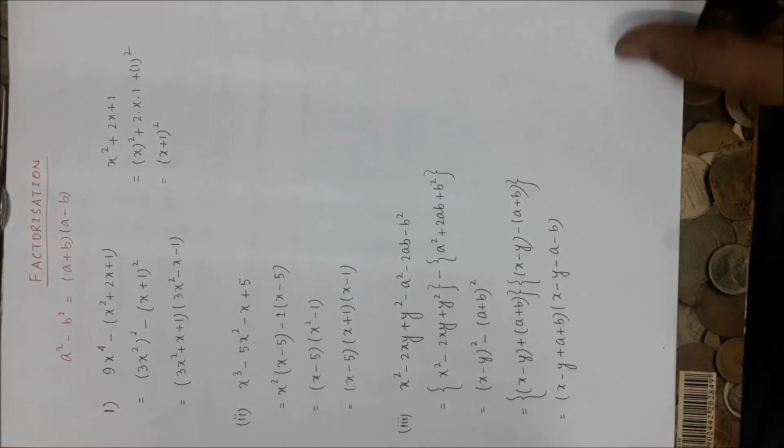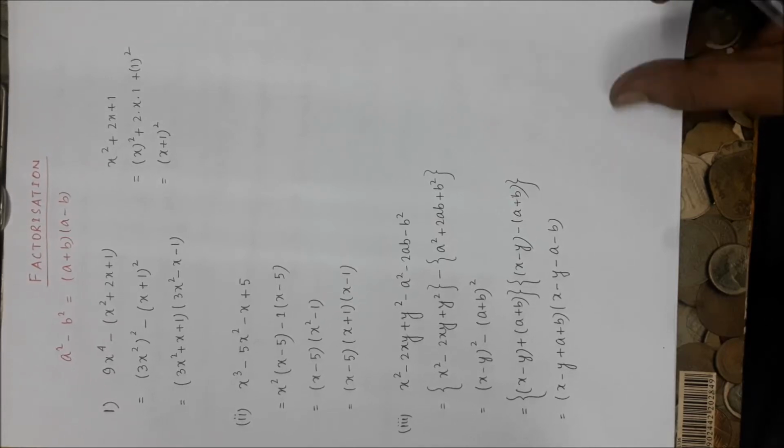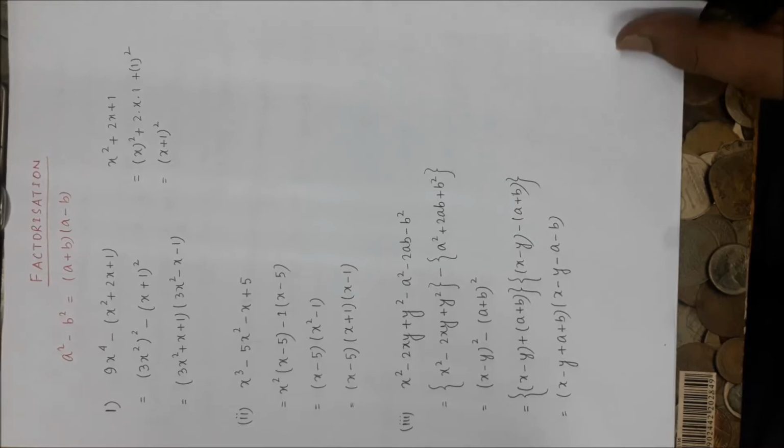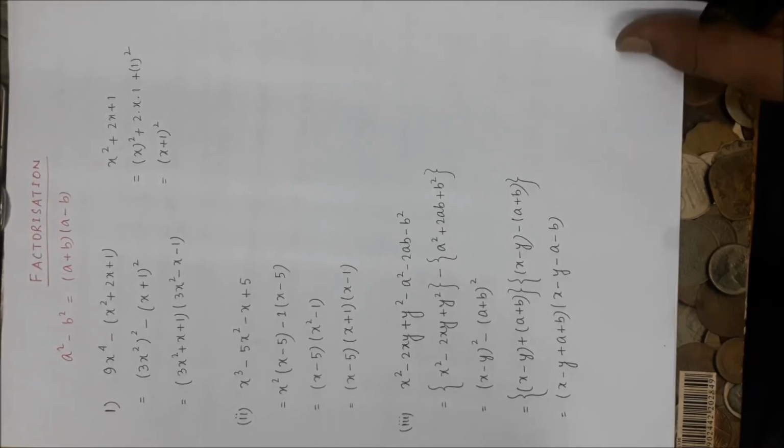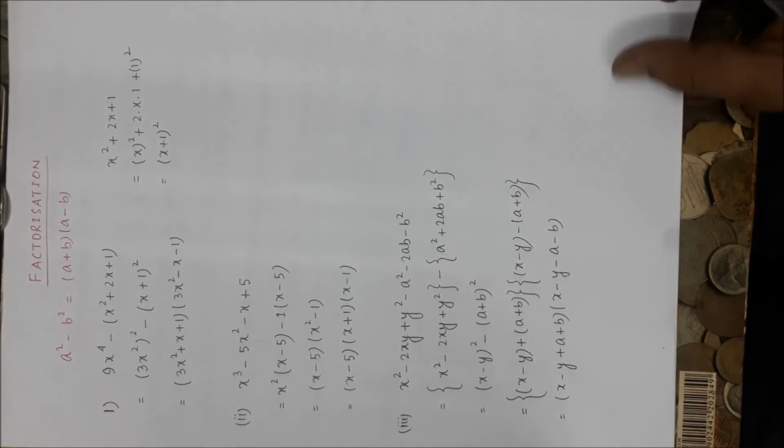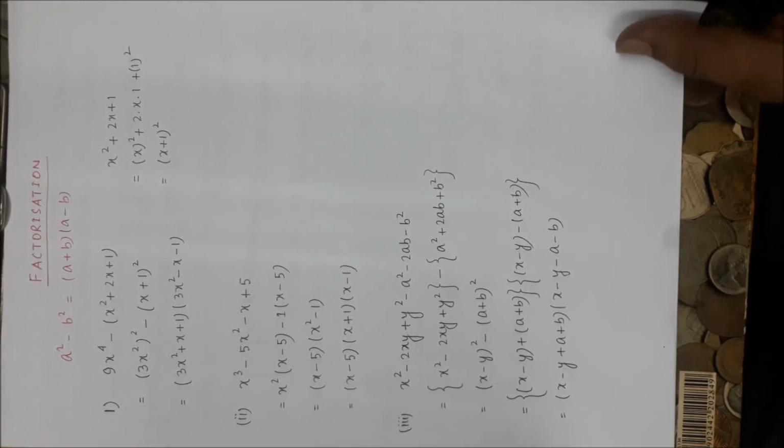Moving into the next problem, it is given that (a square minus b square) multiplied by (c square minus d square) minus 4abcd. Now the first thing, we are multiplying these two terms.